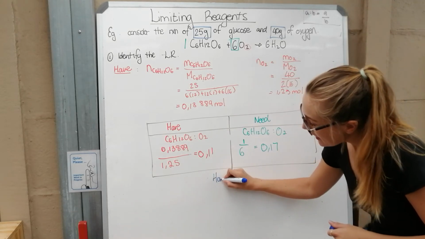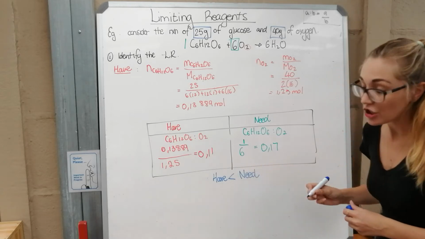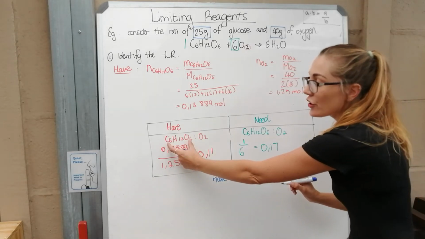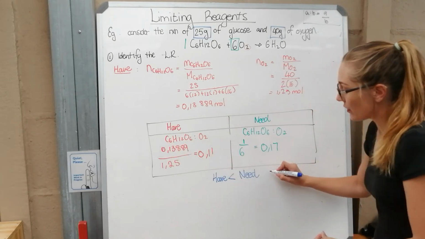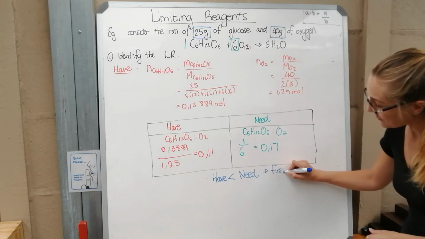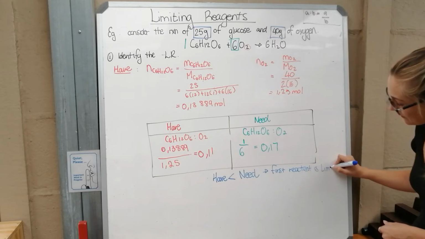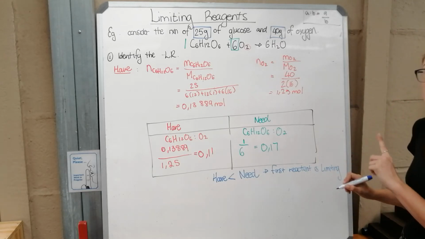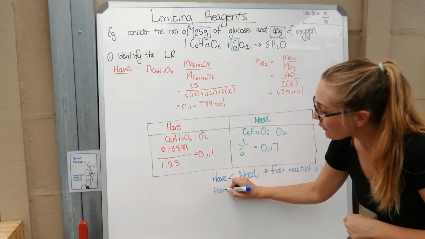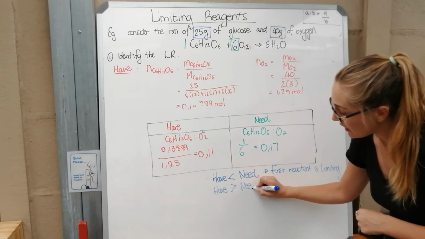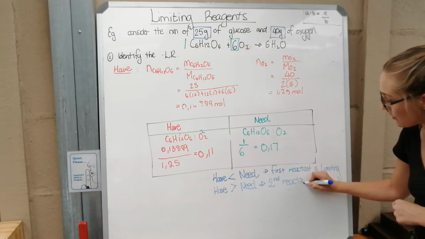It is in your steps, but if your have ratio is less than your need ratio, then your first reactant is the limiting reactant, the first one you wrote in your ratio. So it depends how you wrote it in your ratio. This is the first one, this is the second one. And if it's the other way around, if your have ratio is bigger than your need ratio, then your second reactant is limiting. Oh, this blue is running out, sorry.